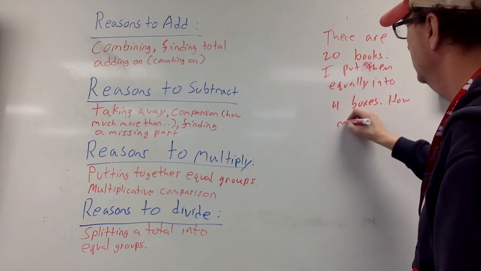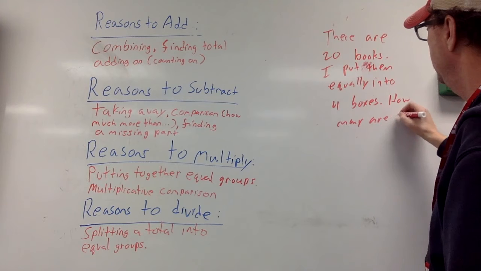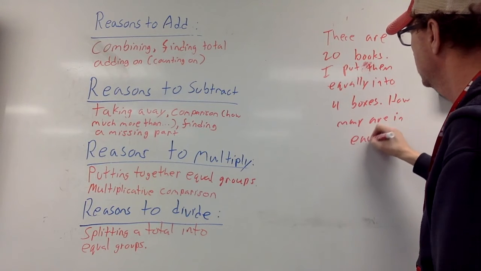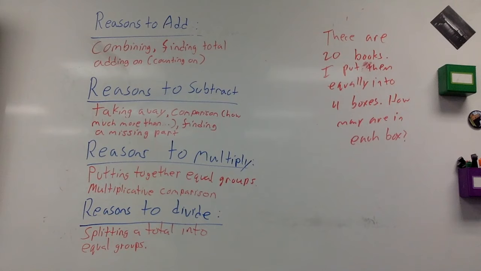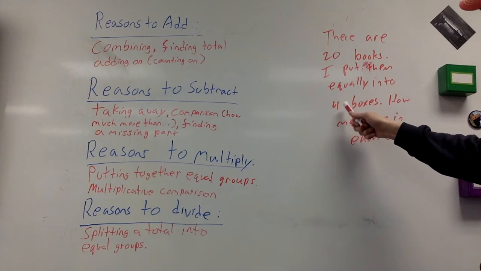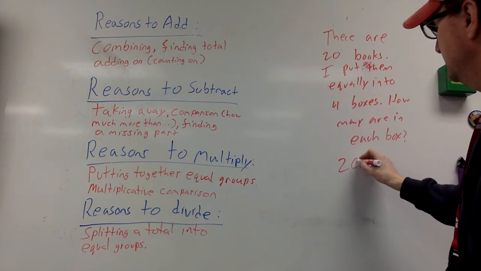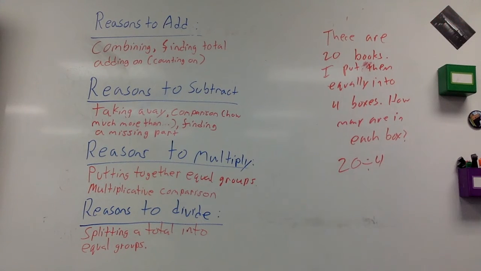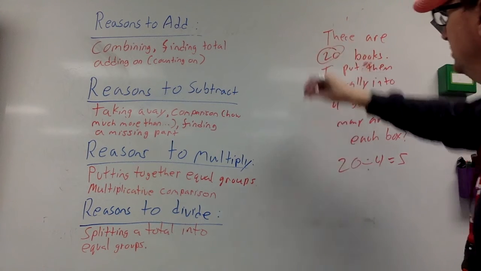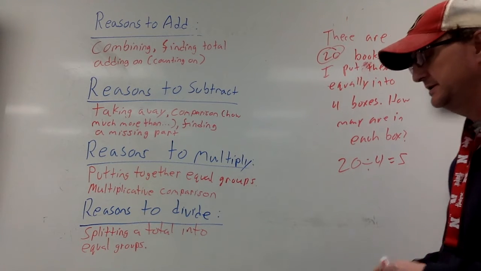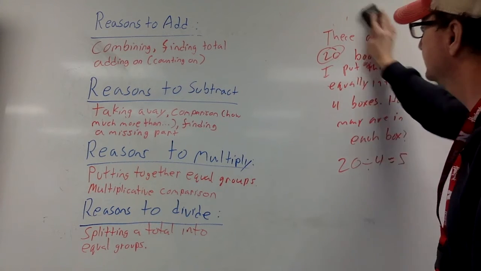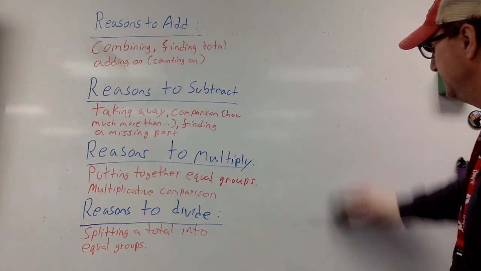How many are in each box? Right? I have a total of 20. I put them equal into 4 boxes. Well, that means 4 equal groups, right? So I'm putting that into 4 equal groups. 20 divided by 4 is 5. There's 5 in each box. So anytime you're taking a total and splitting it up somehow into equal groups, that's division.